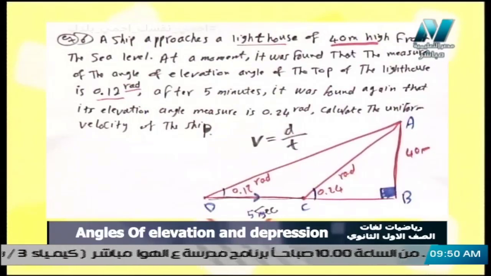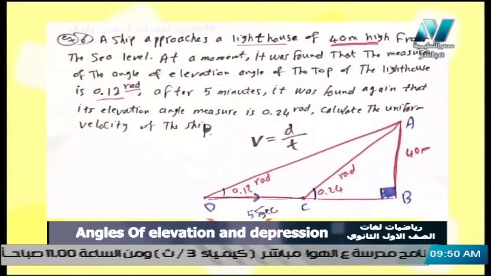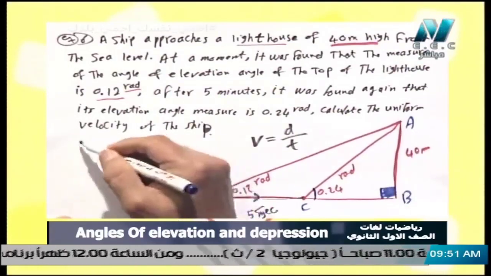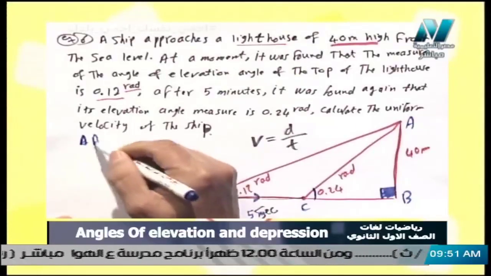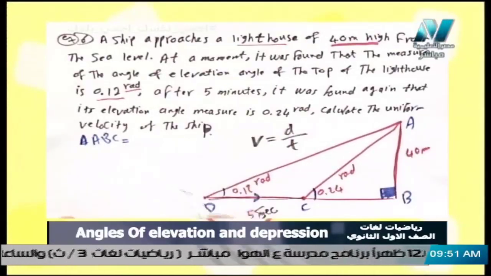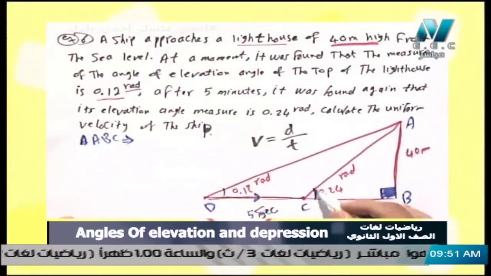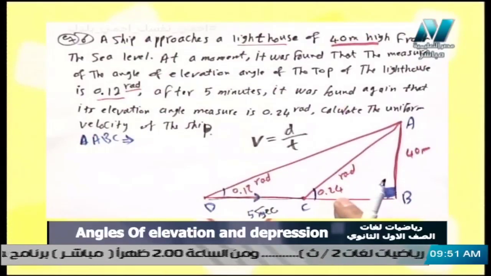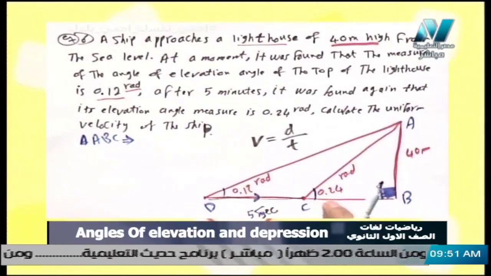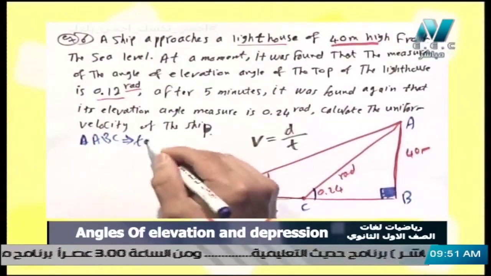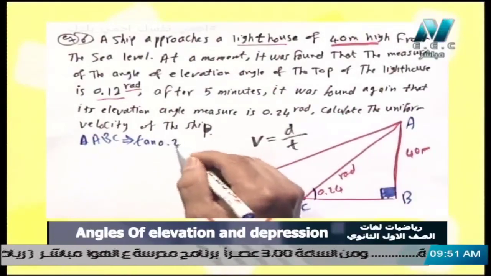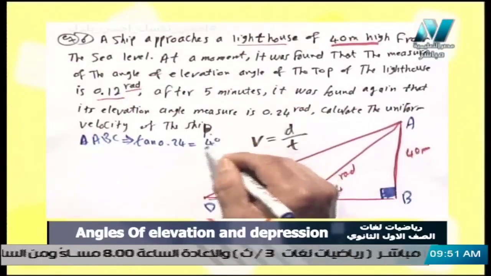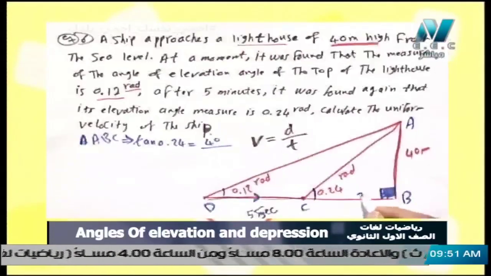We will start in triangle ABC. We have the measure of angle C, ACB, equal to 0.24 rad. So tan of this angle, tan 0.24 rad equals AB, which is 40, over CB, which is unknown.